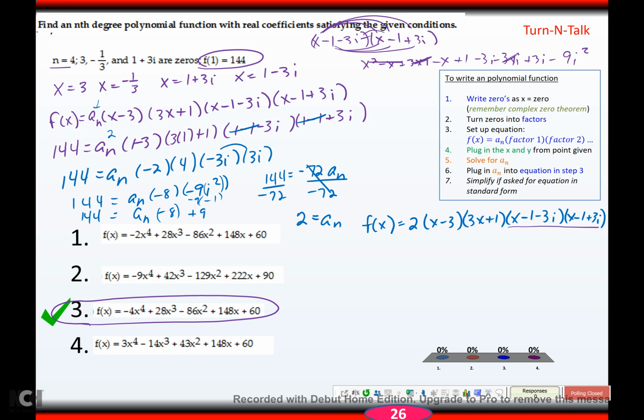The xi's cancel, the i's cancel, and I have x squared minus 2x plus 10.